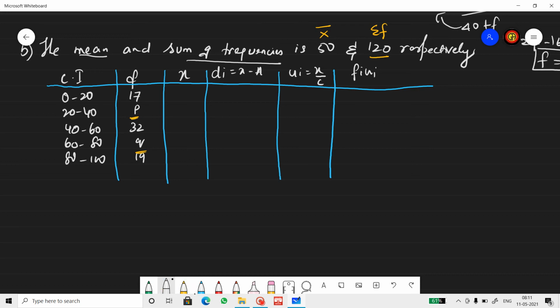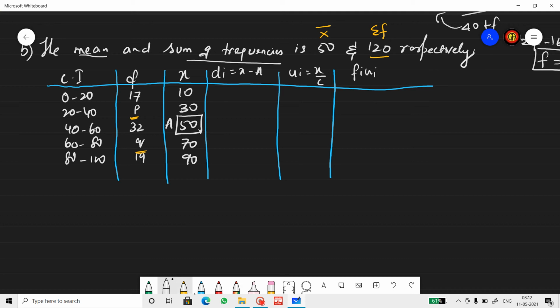So let's start. Now, x is the mid value of the class interval. So we get 10, 30, 50, 70 and 90. Now for di, I need to fix a first. So let me take 50 as a.